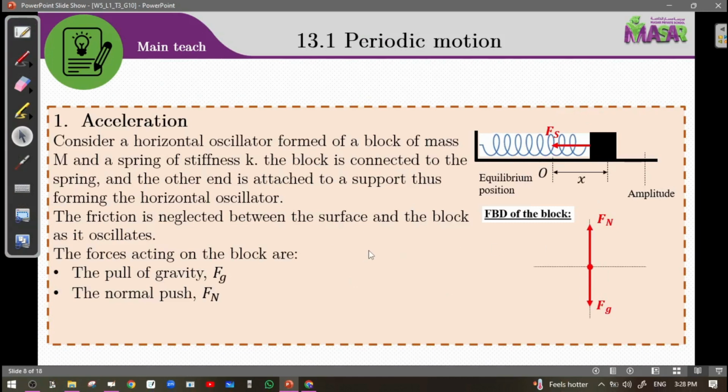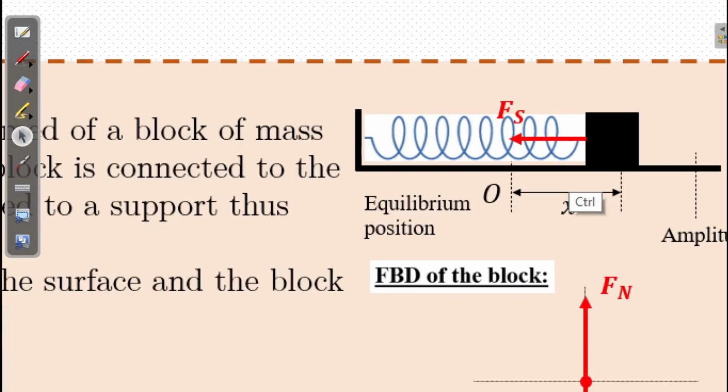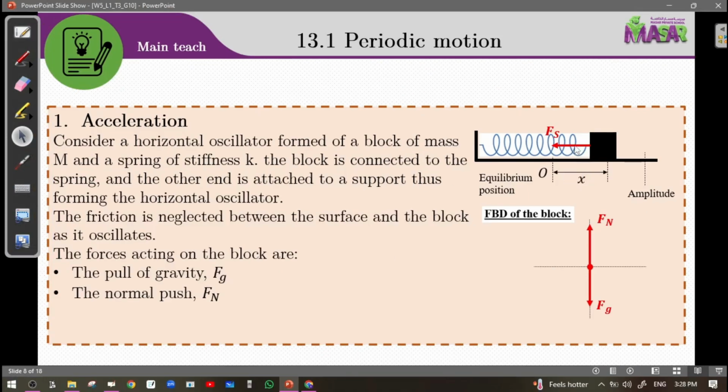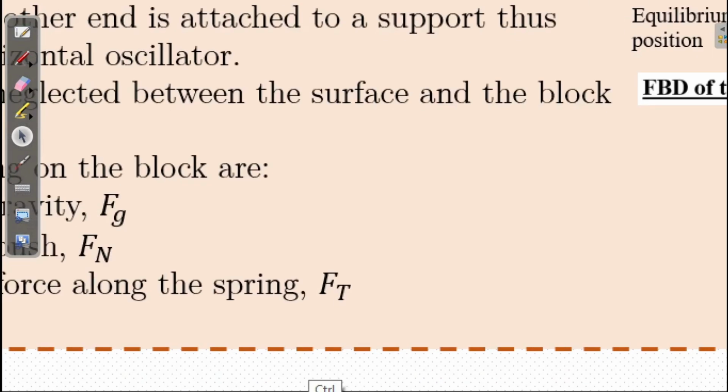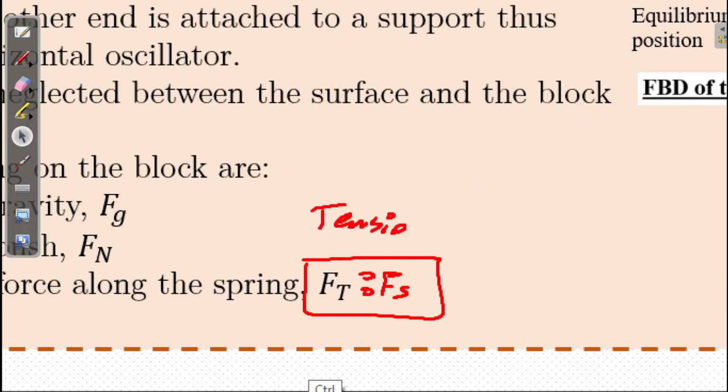And finally, since the object is attached to the spring, this spring will exert a force known as Fs, the tension force or the spring force. Whether you use the letter Ft or Fs, both are accepted to represent the tension force or the spring force.